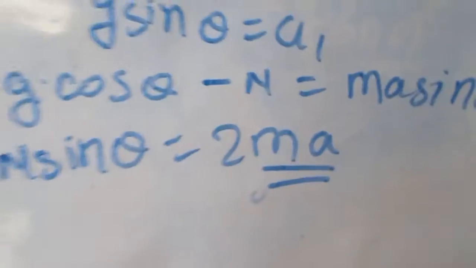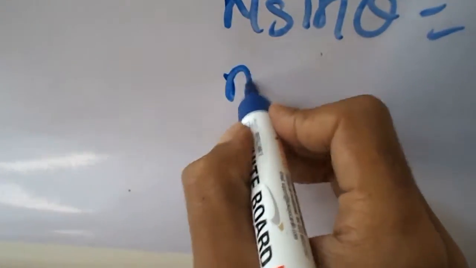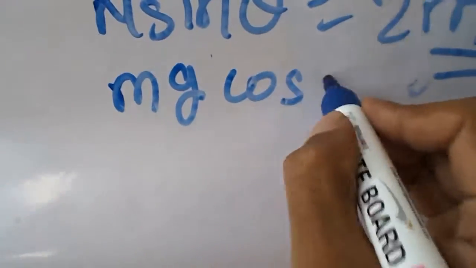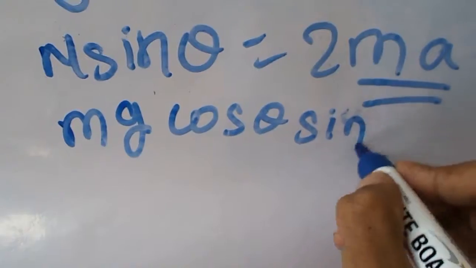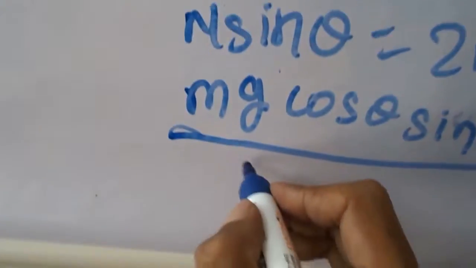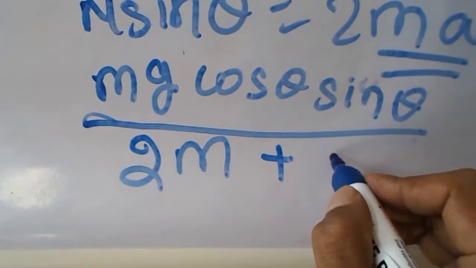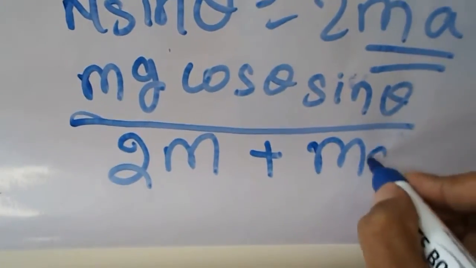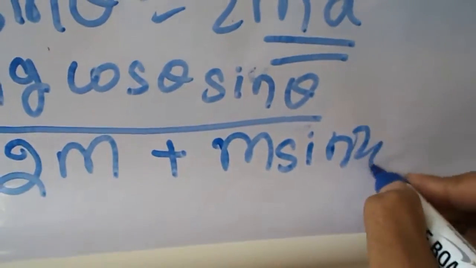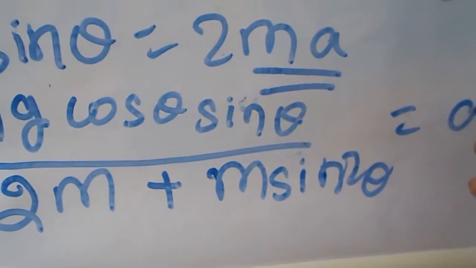If you solve it very carefully, what do you get? mg cos theta sin theta divided by 2m plus m sin square theta is equal to A.